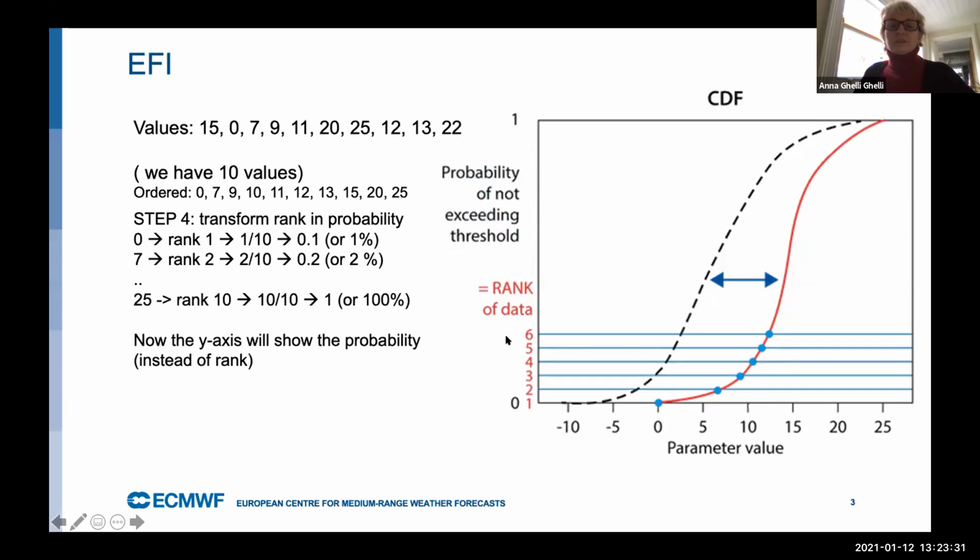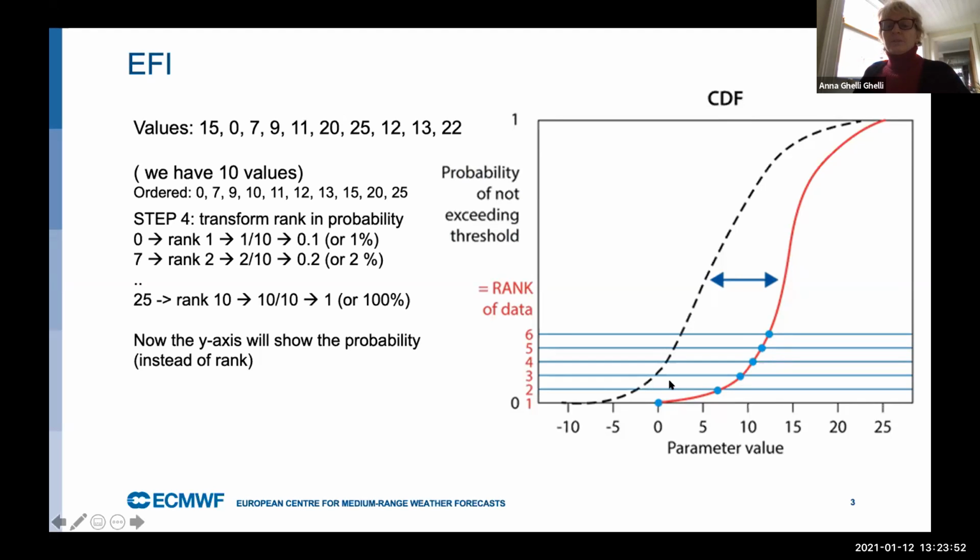So what is the meaning of our cumulative distribution function? We said the second value, which is number 7, which was rank 2, now it's 2%.